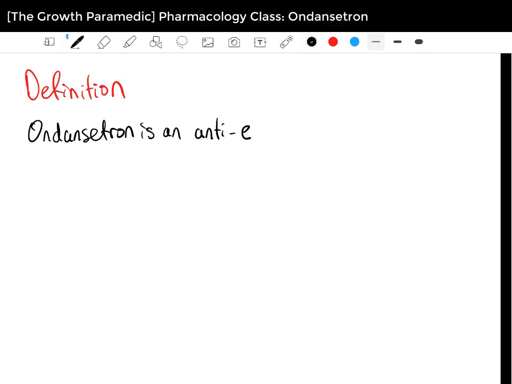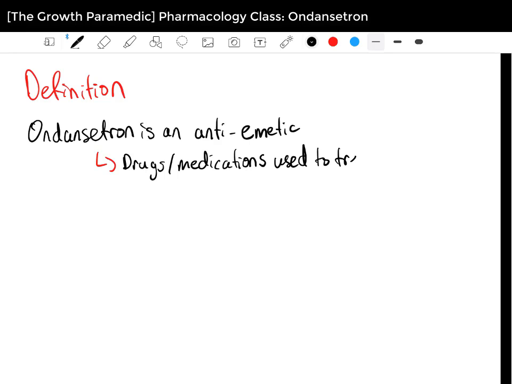So what is an antiemetic? They are drugs or medications used to treat or reduce nausea and vomiting.